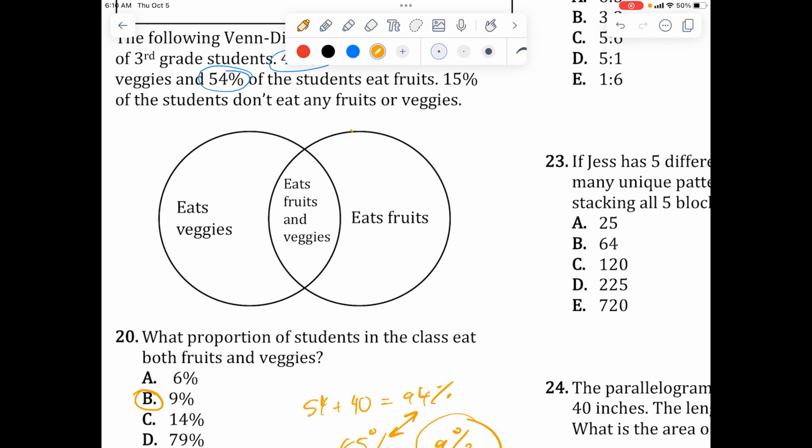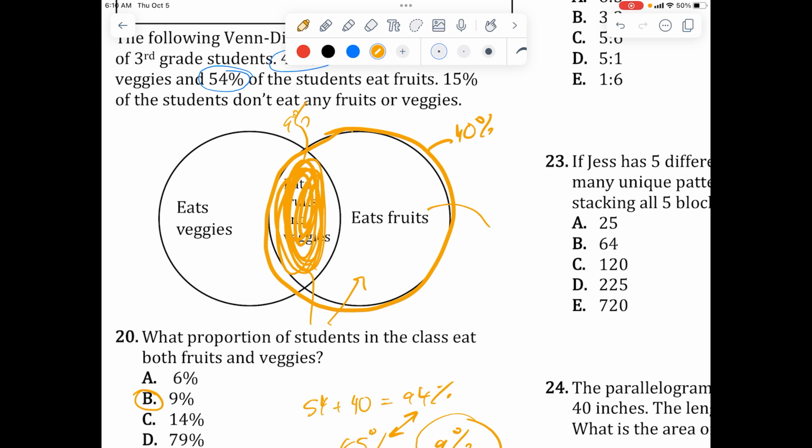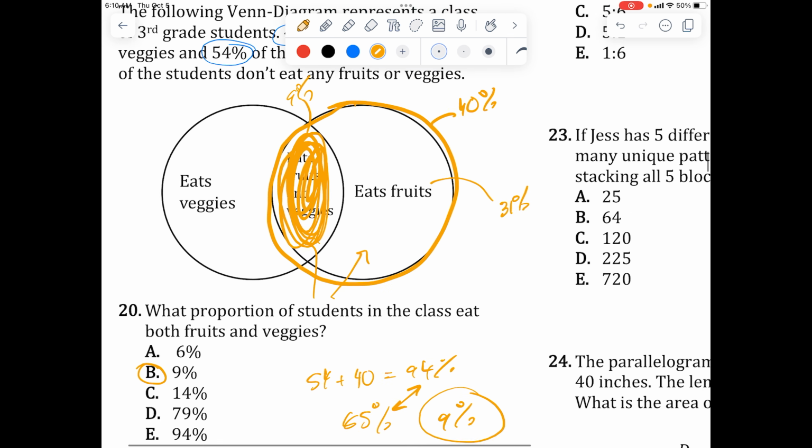Let's just say this is 40. So out of that 40, they eat either fruits and veggies or just fruits. And I just told you that this right here is 9% of the class. So you can just do the subtraction. This will give you 31%.